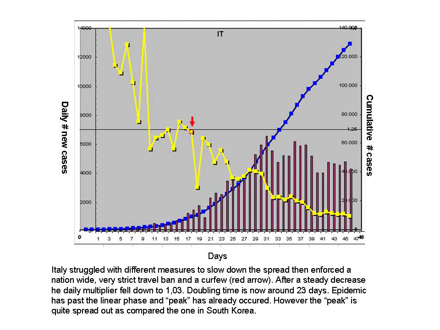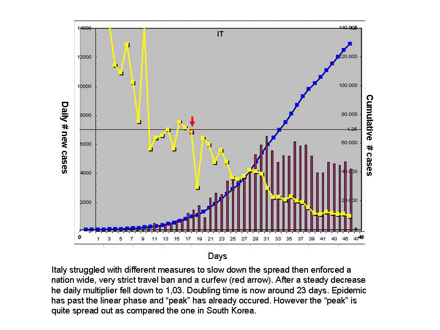The case in Italy is similar to Spain. You can see that for the first 20 days or so, 19 days, the daily multiplier is quite high. And then it starts to settle down around 1.2.